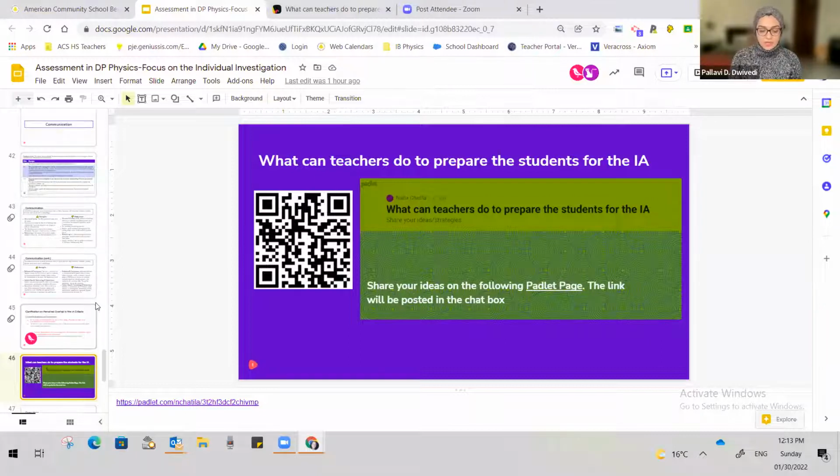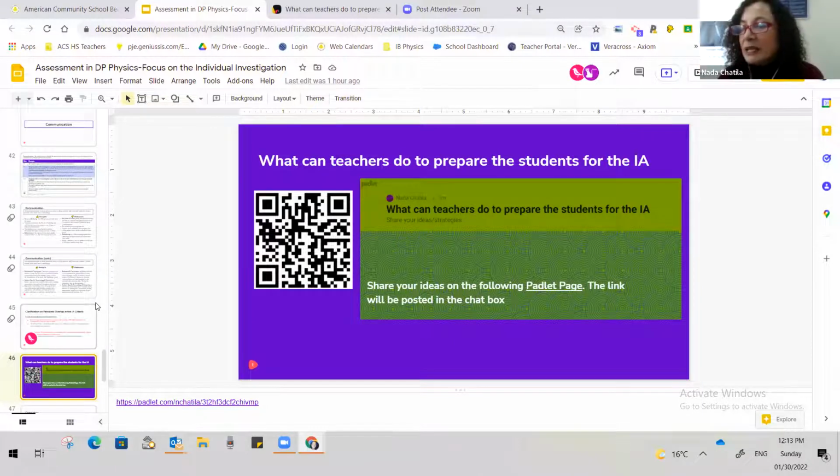With regards to a hypothesis, Nada, I was wondering if you could give us an example of a strong hypothesis. And this is Nadizda's question. Any hypothesis where the student is investigating the relationship, let's say, I'm going to use a school investigation, the one that I just referred to, the relationship between the period of a simple pendulum and its length.